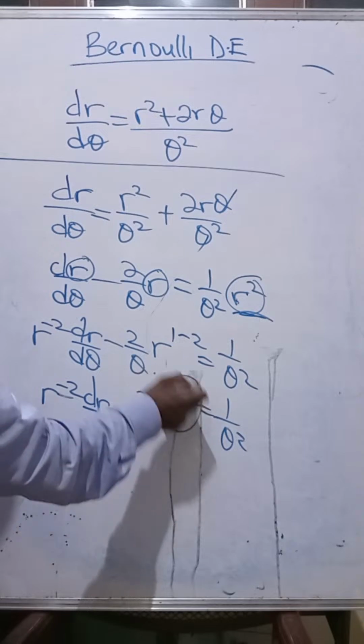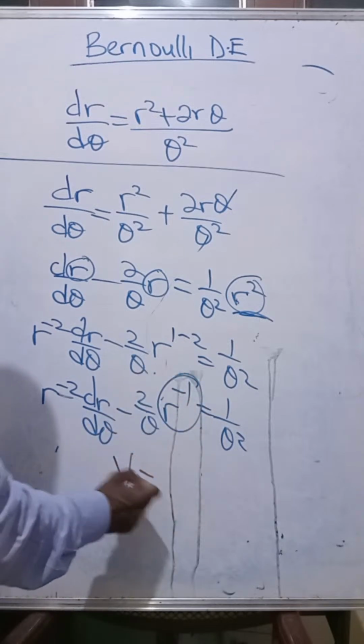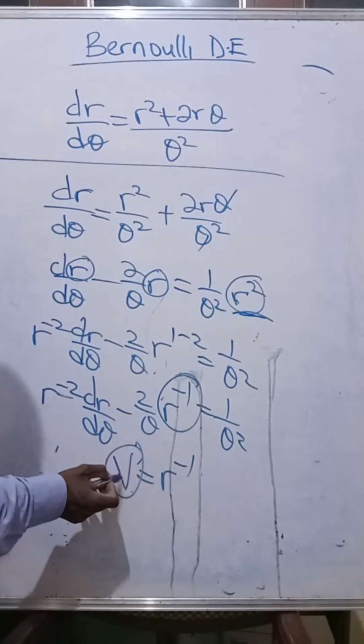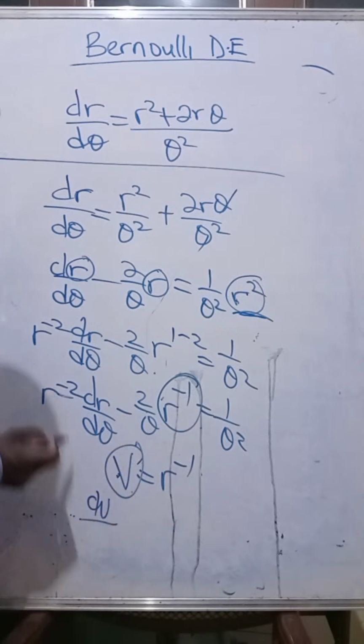Then make a substitution for this one. Call it v. Then differentiate this one implicitly. That will be dv with respect to theta.